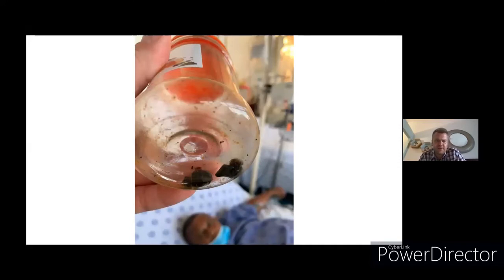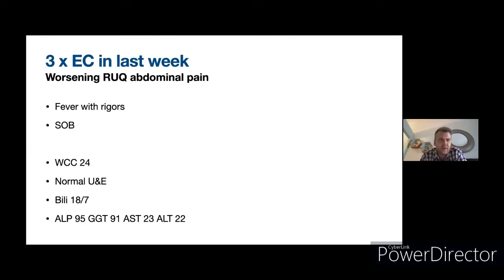On further inspection of the vomitus, it was found that he had this hard gallstone-like material in his vomitus. And on further inquiry, it was uncovered that he had actually presented 3 times to the EC in the last week with this history of worsening right upper quadrant pain.